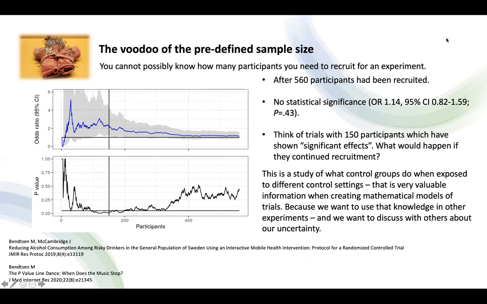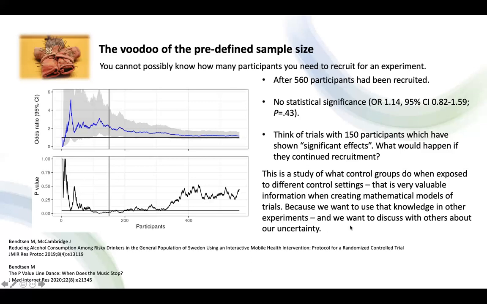So in this case, I don't care about statistical significance. I care about the distribution of the odds ratio. I want to know this because I want to use it in a bigger mathematical model. So experiments like these can be extremely useful, despite the fact that the p-value might not be significant. Okay.